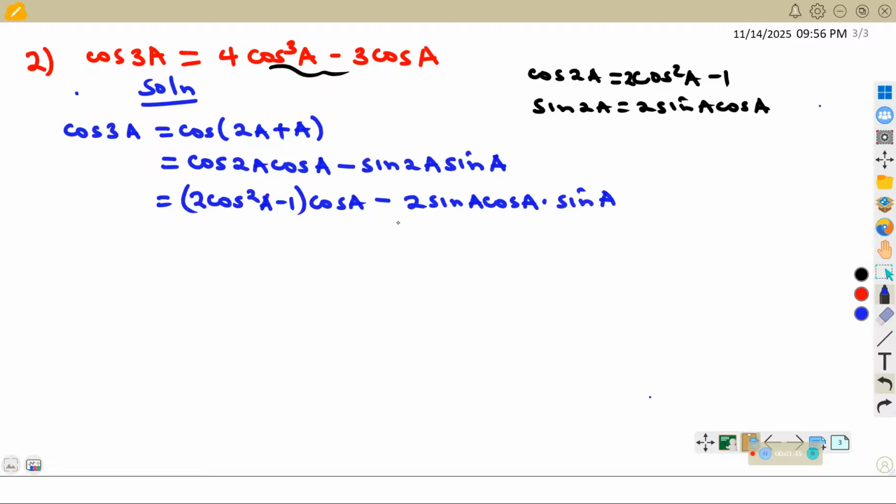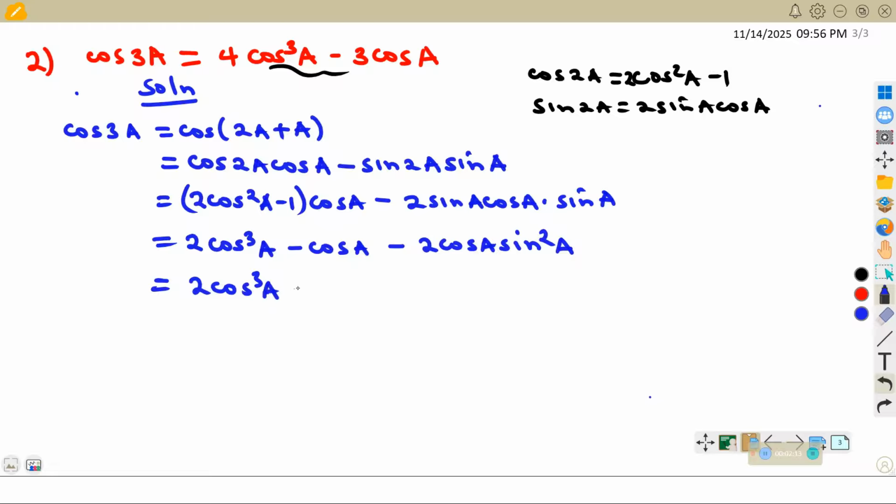So from that, we shall now expand the expression. When we expand, we shall get 2 cos cubed a minus cos a minus 2 cos a, and the sine will give us sine squared a.